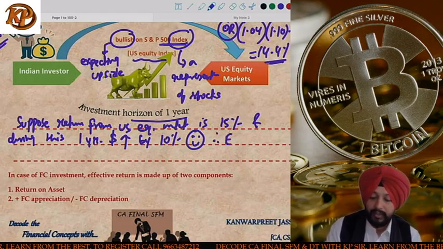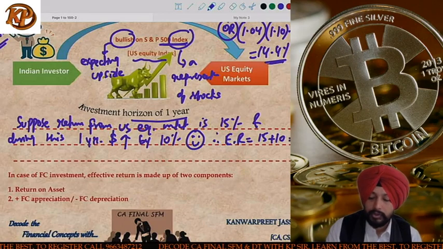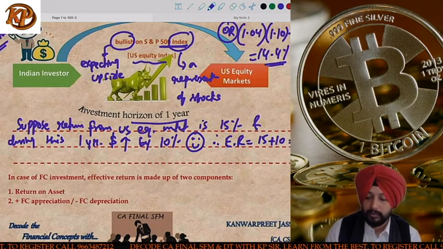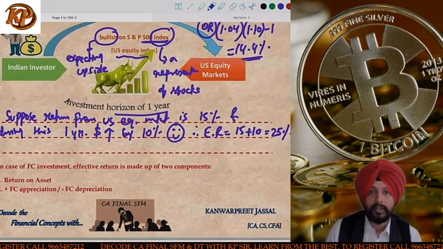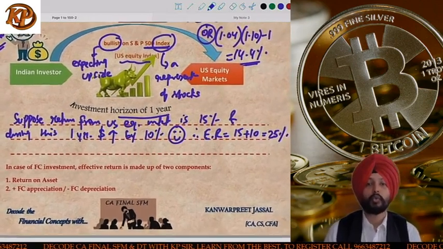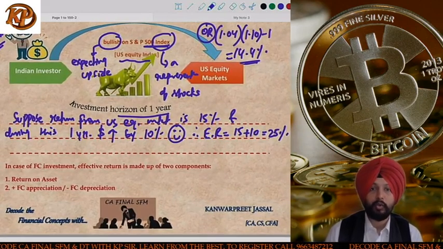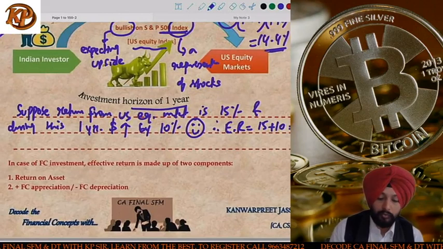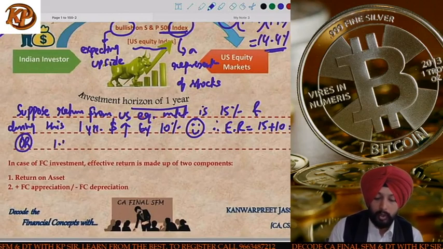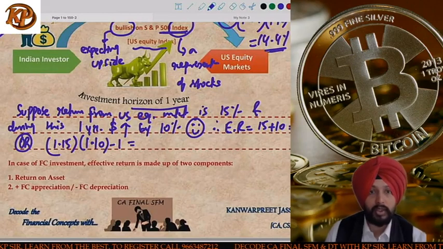Therefore effective return is equal to 15 plus 10, which is 25%. But I told you we don't do simple addition; rather what we do is 1.15 into 1.10 minus 1.